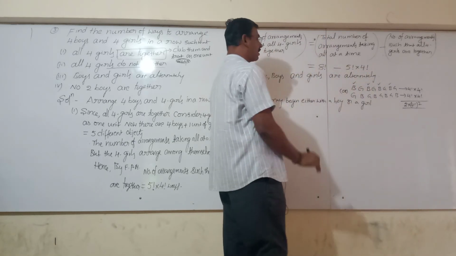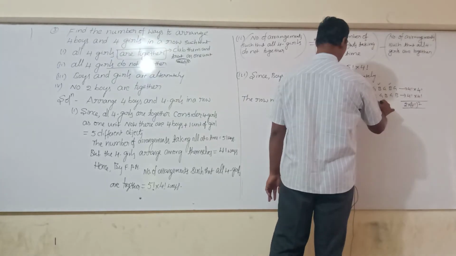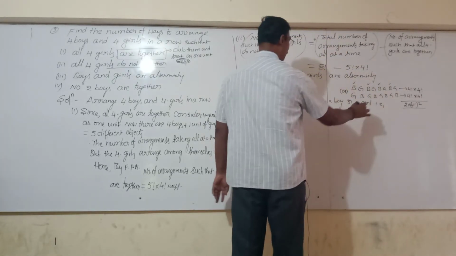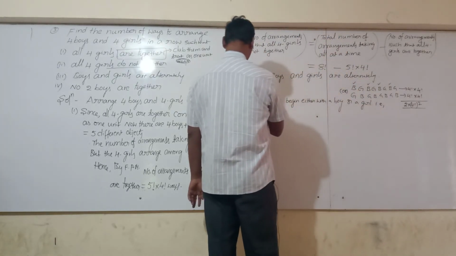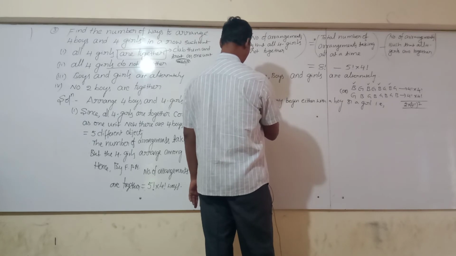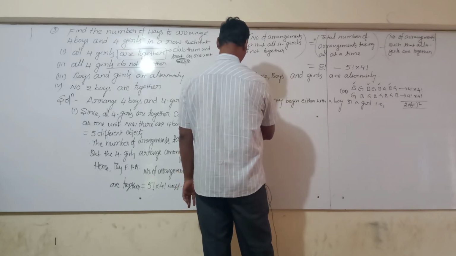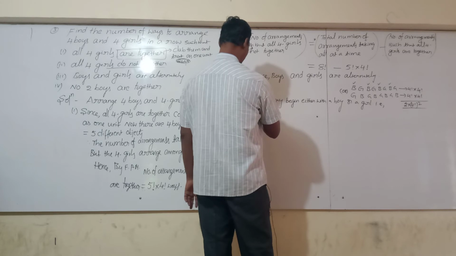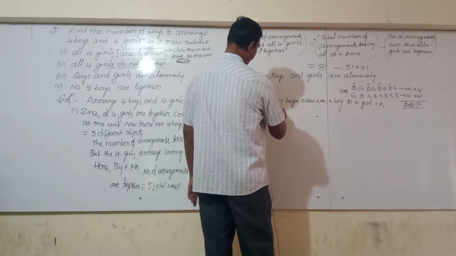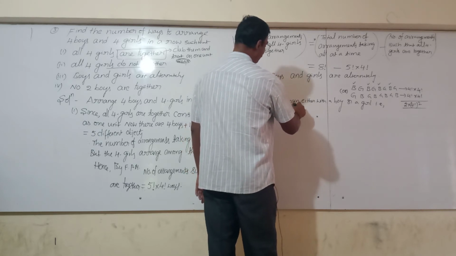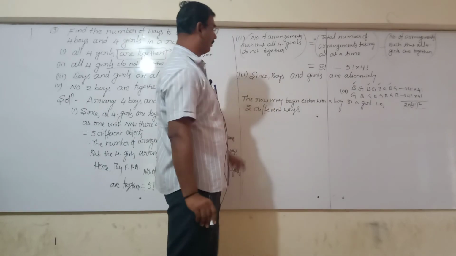So how many different ways are there? There are two different ways. What are the two different ways?